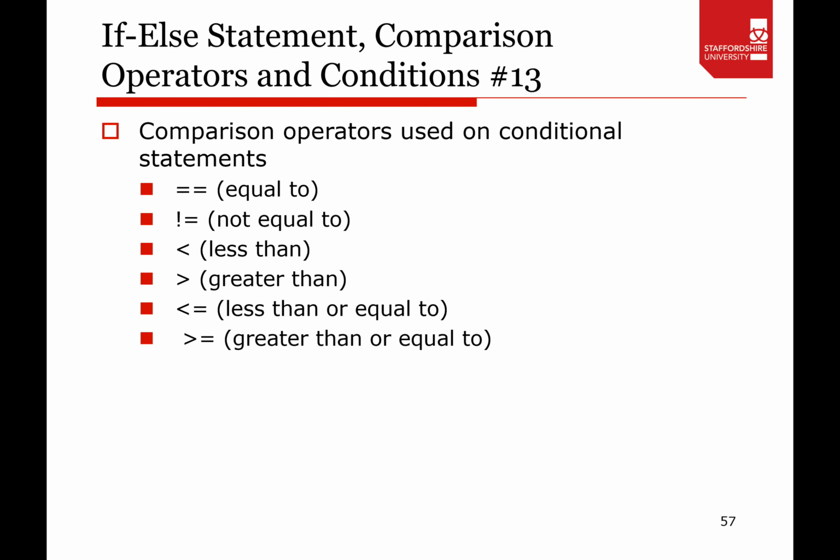Other comparison operators used in conditional statements: as I previously mentioned, we need to use the double equals instead of the single equals, or else we'll be changing the value of the variable. Is not equal to is an exclamation mark followed by equals. Then there is less than, greater than, less than or equal to, or greater than or equal to, depending on whether we need to count up to the actual number or not.